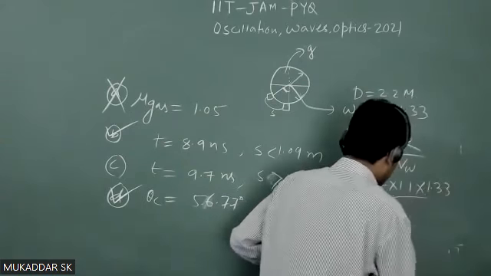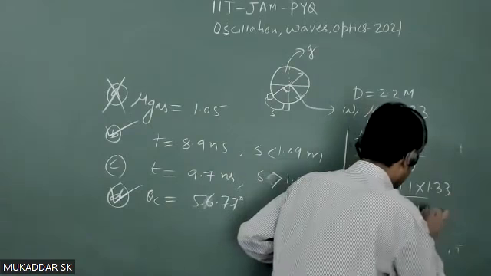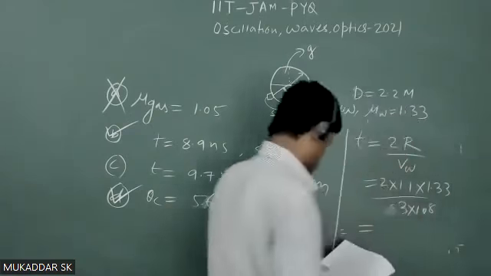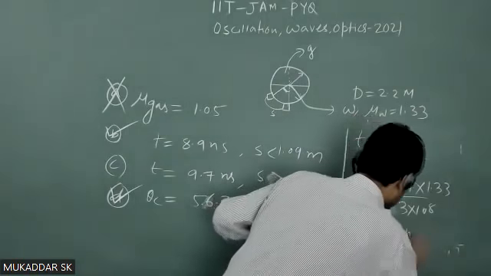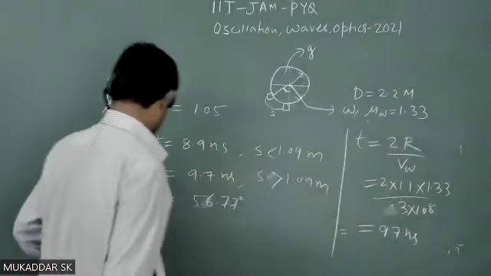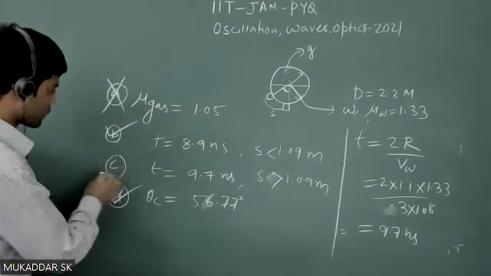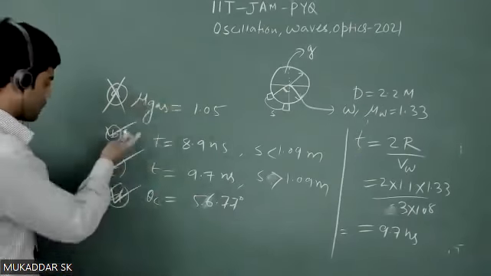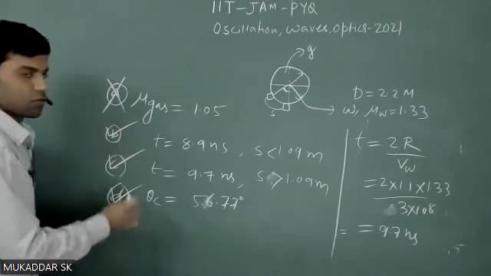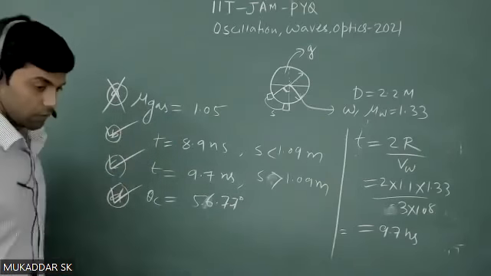And I'll use again C as 3 into 10 to the power 8. Okay. So if you calculate it, basically you will get 9.7 nanosecond. So again, it means option C is also correct. So for this question, B, C and D are correct options, but A is wrong. Okay, thank you.